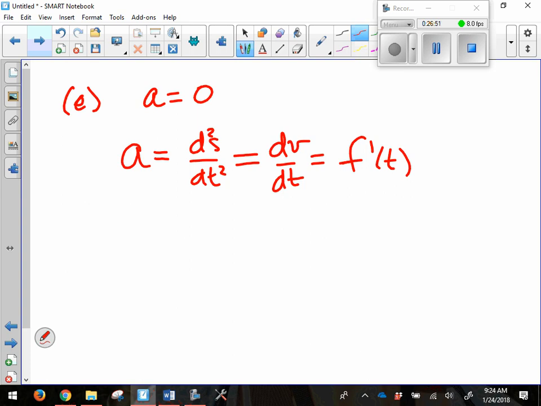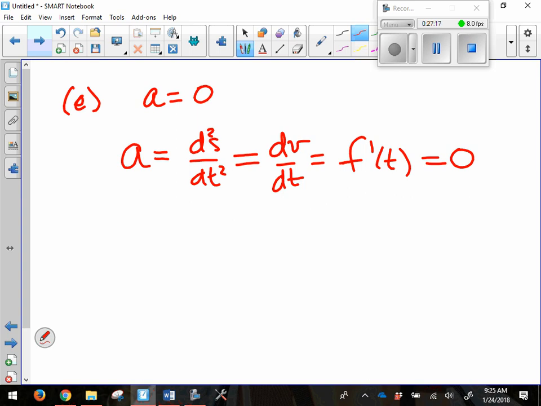So if I want that to be equal to 0, what am I finding from my curve? What am I finding, Casey? A max or a min, right?